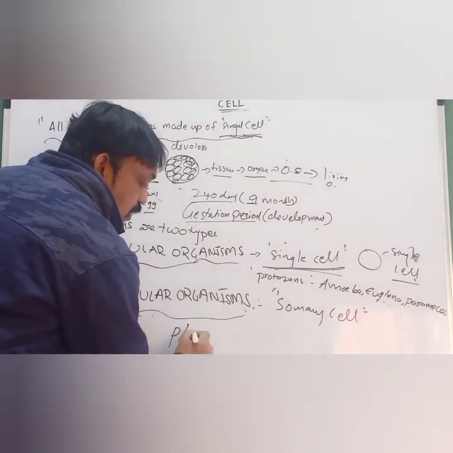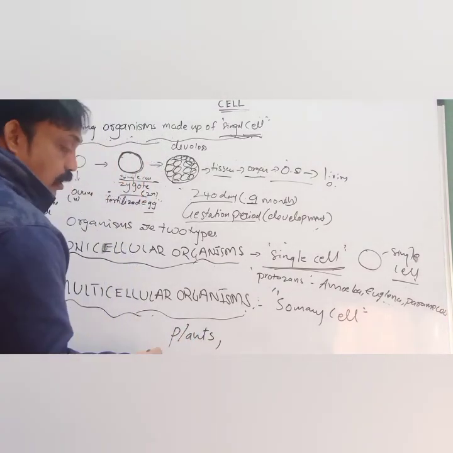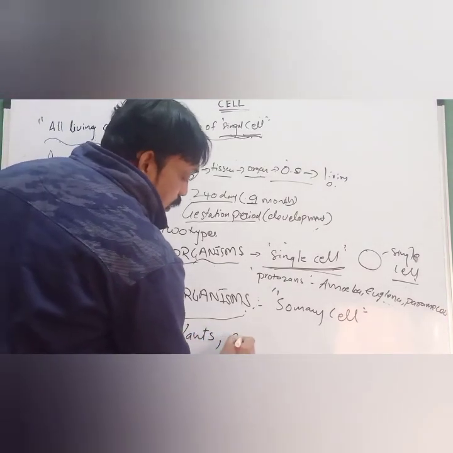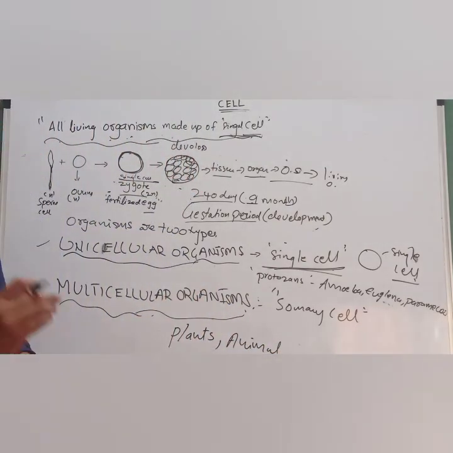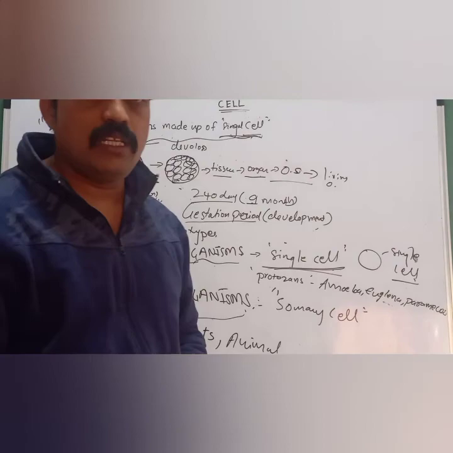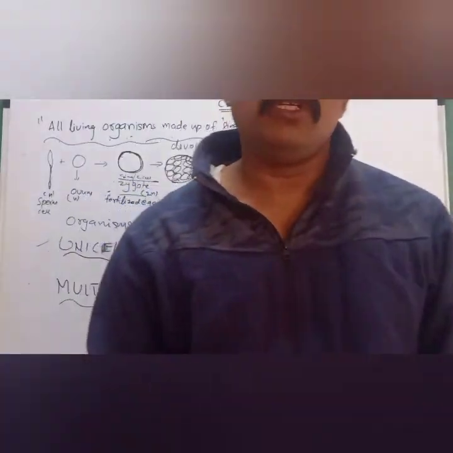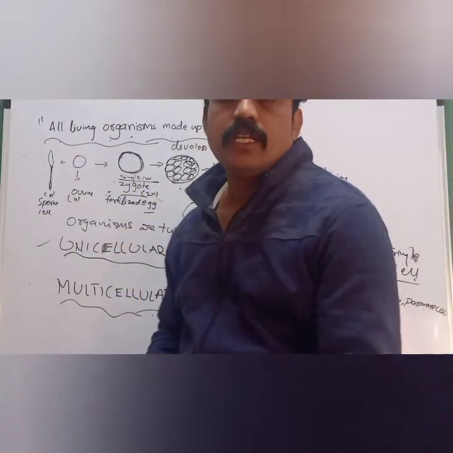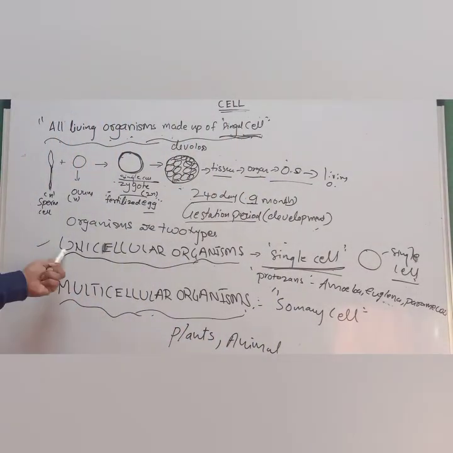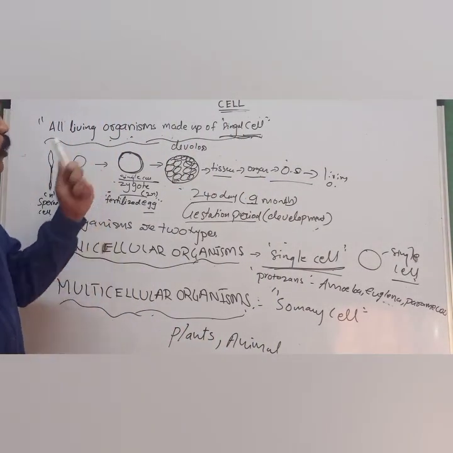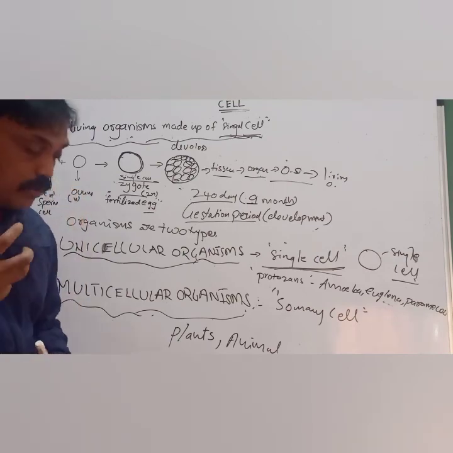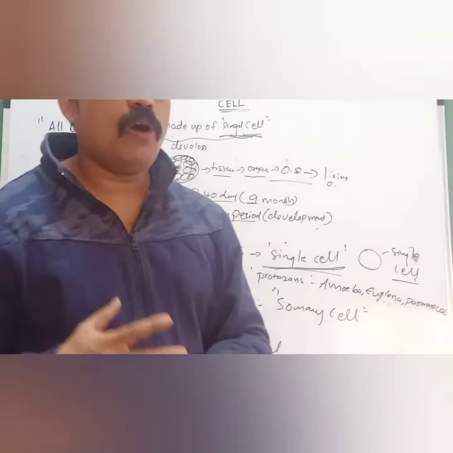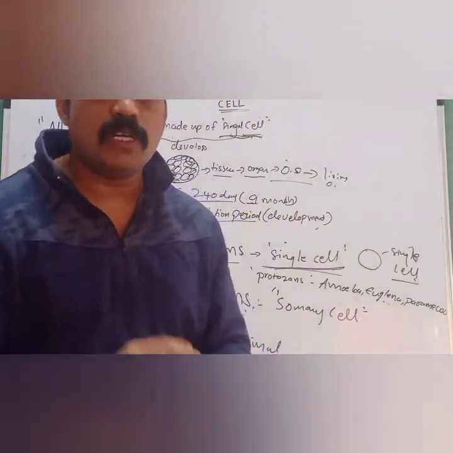Generally, most of what we see is multicellular: plants, animals, all vertebrates, except some microorganisms like bacteria and protozoans, which are unicellular. Remaining everything is multicellular. So, all living organisms are made up of a single cell.